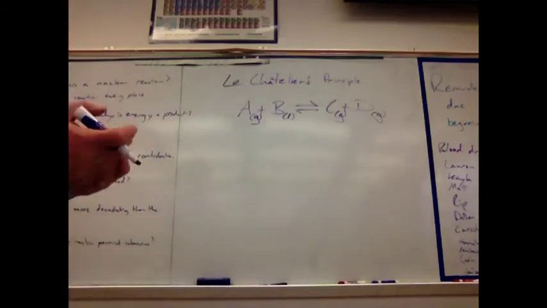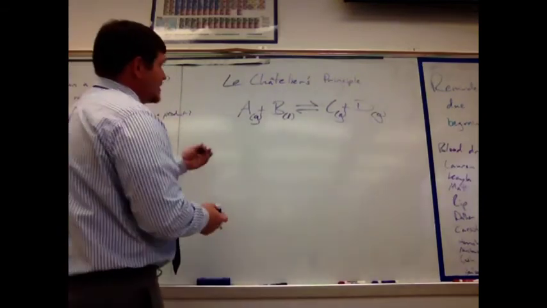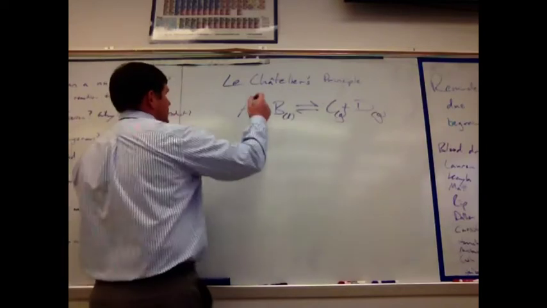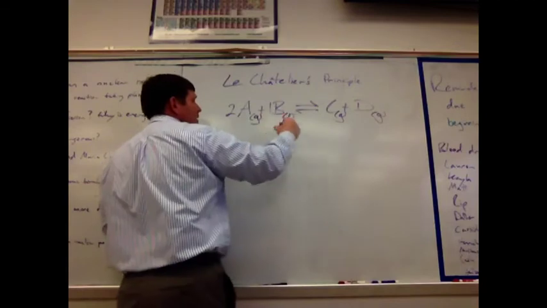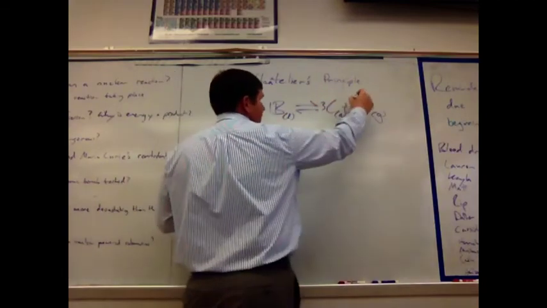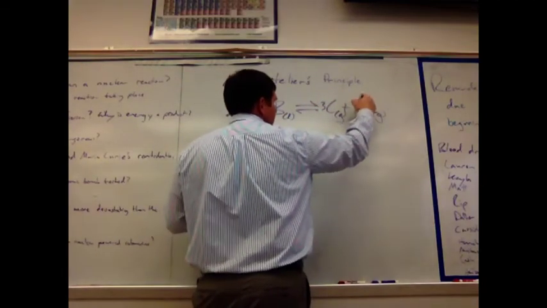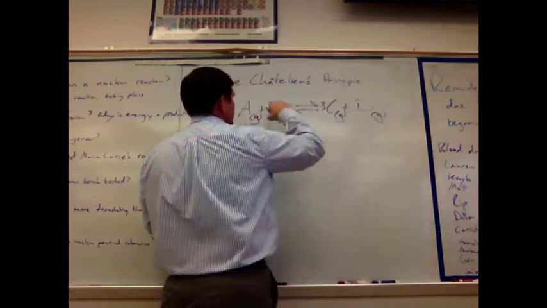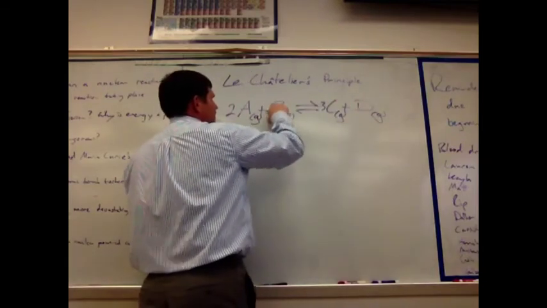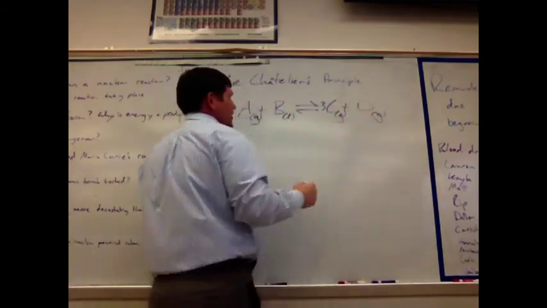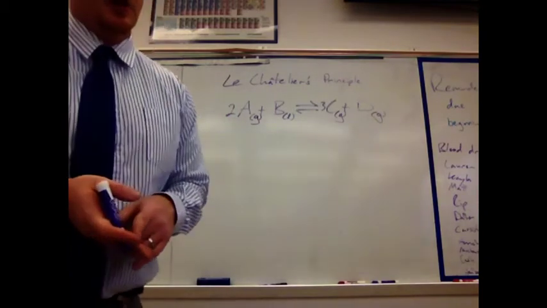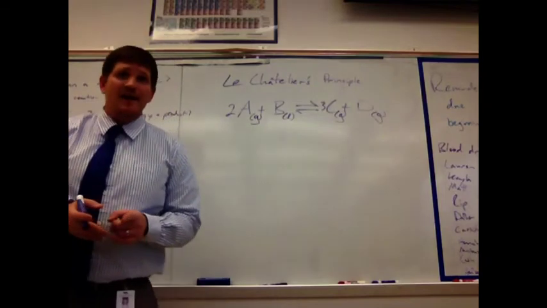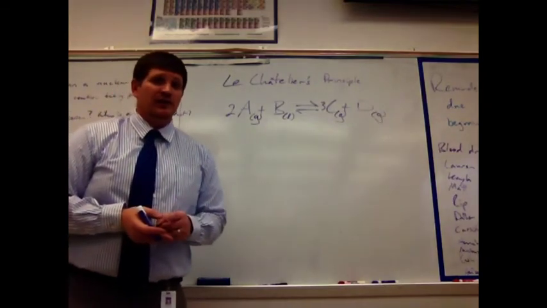Okay? Now, it's also very important that we look at the coefficients. So let's say A has a 2, B has a 1, C has a 3, and D has a 1 as well. Okay, I don't know why I wrote the 1, so I'm going to get rid of that, and we're good to go. Now, we know at STP, standard temperature and pressure, that gases occupy a volume of 22.4 liters.